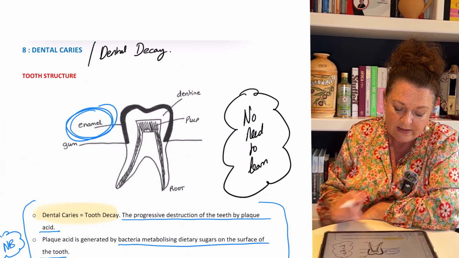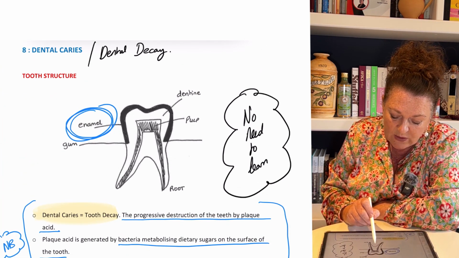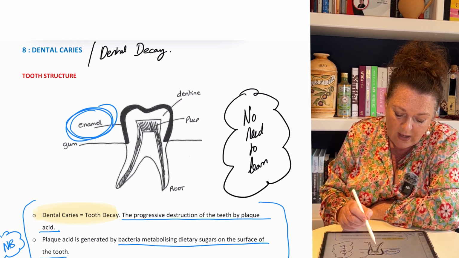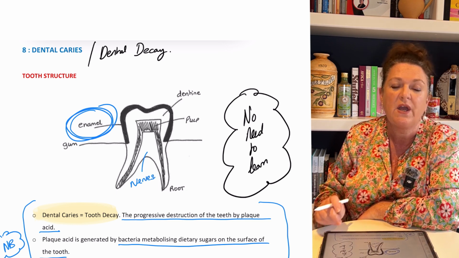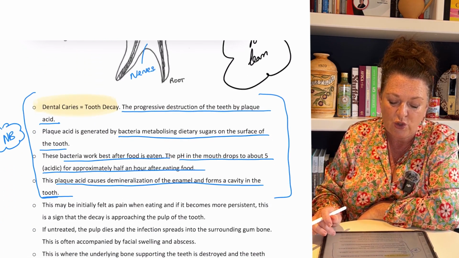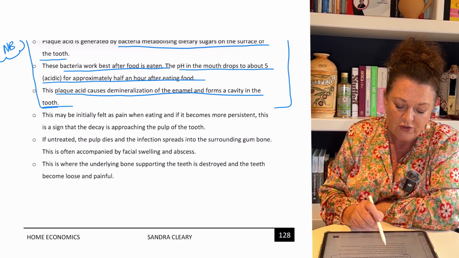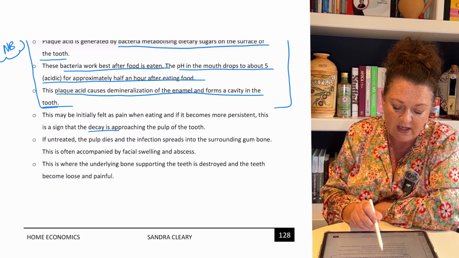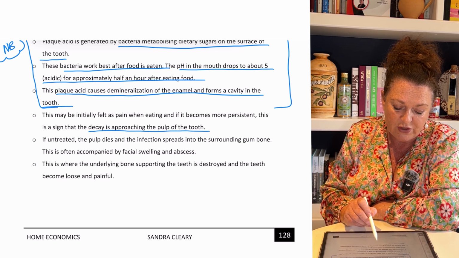Initially what will happen is, as the enamel is worn, you'll end up going in through the dentine and the pulp, and then of course it's going to meet up with nerves, and when that happens then you have pain. So pain when eating, as it becomes more persistent, is a sign that decay is approaching the pulp of the tooth.